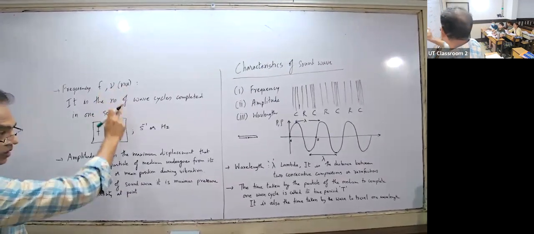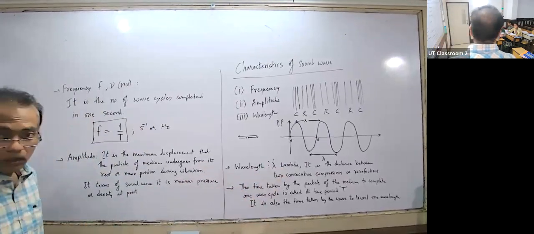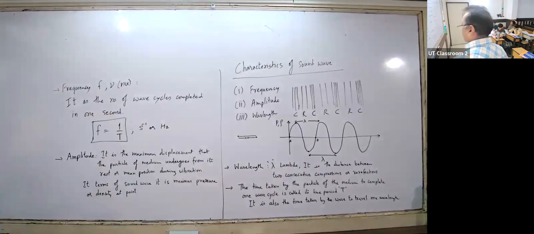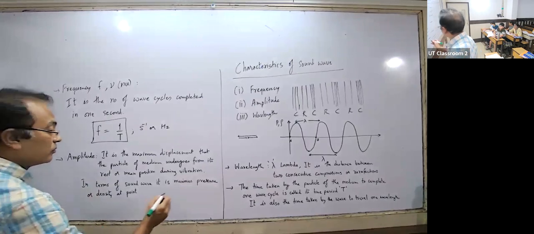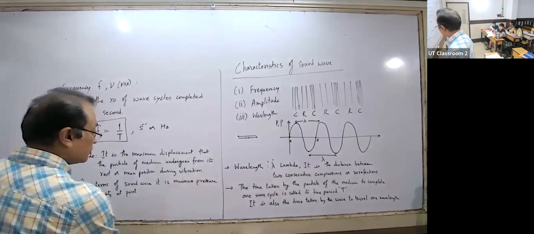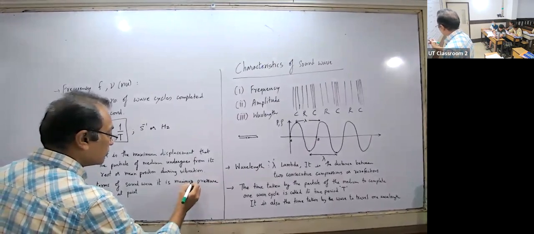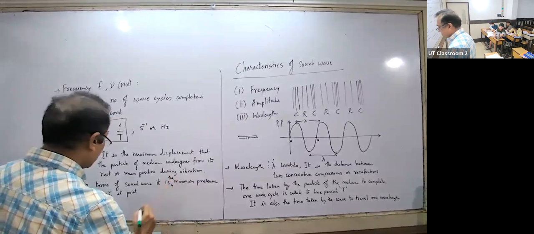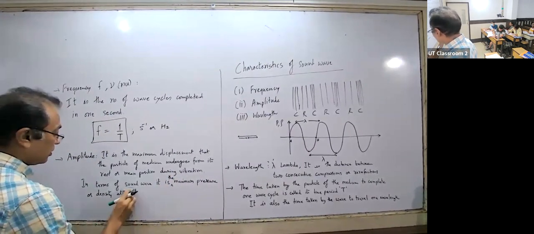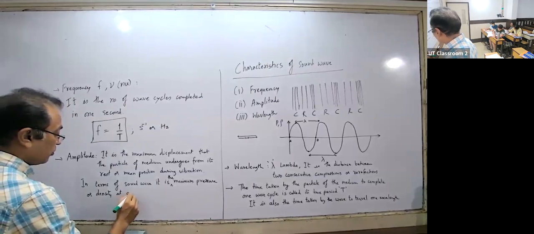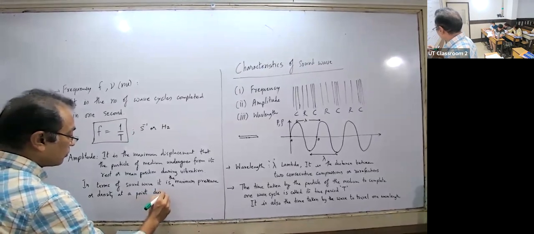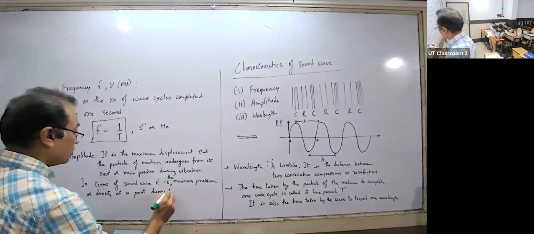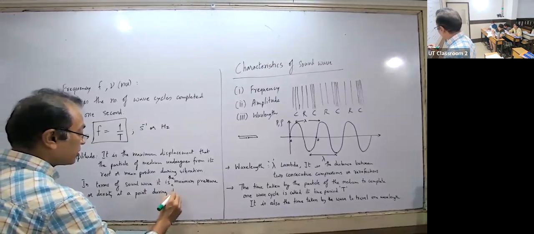This is called nu, like this is called lambda. In terms of sound wave, it is the maximum pressure or density at a point during its propagation.